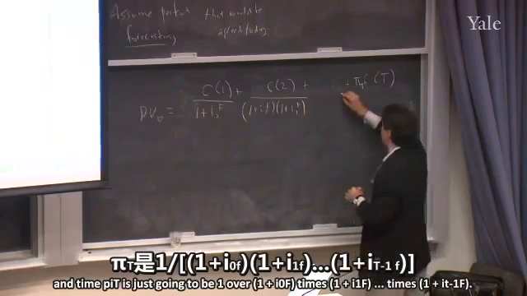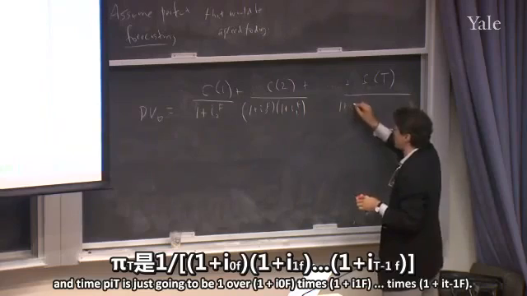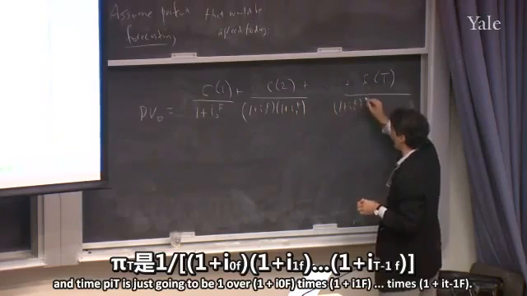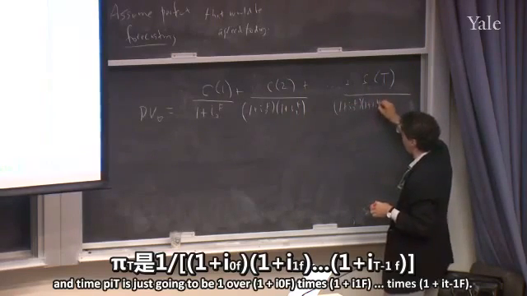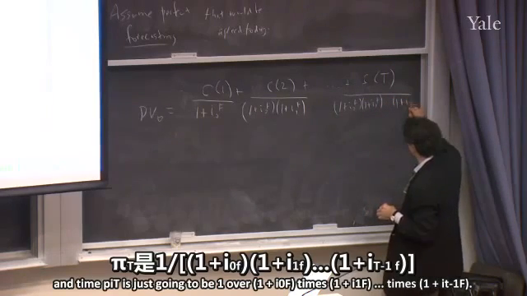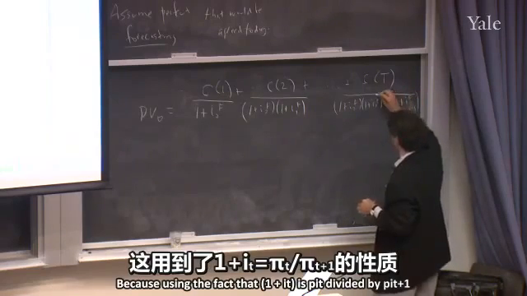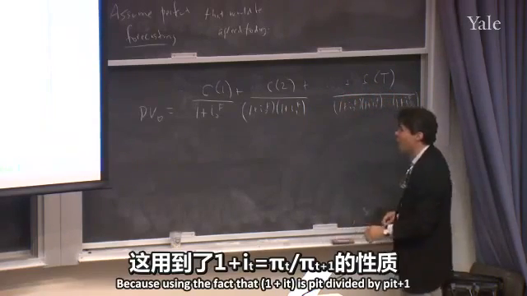Right, and pi t is just going to be 1 plus I0 forward times 1 plus I1 forward times 1 plus I t minus 1 forward.